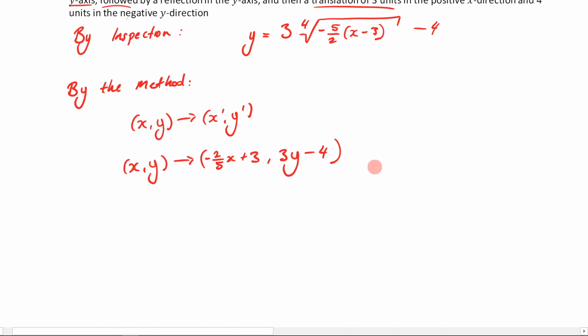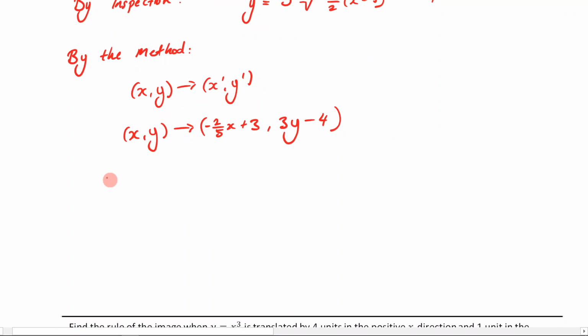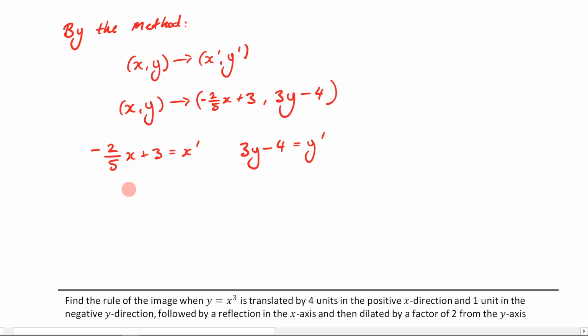The next thing that I do, having done that, is I create my equation. It's going to be minus 2/5 x plus 3 is equal to x dash, and 3y minus 4 is equal to y dash. Then I'm going to fix this up. I'm going to solve it for x.